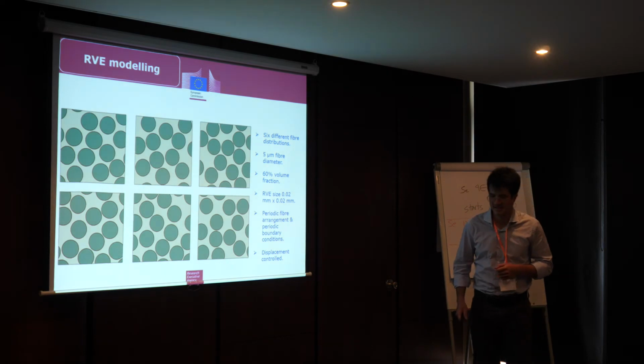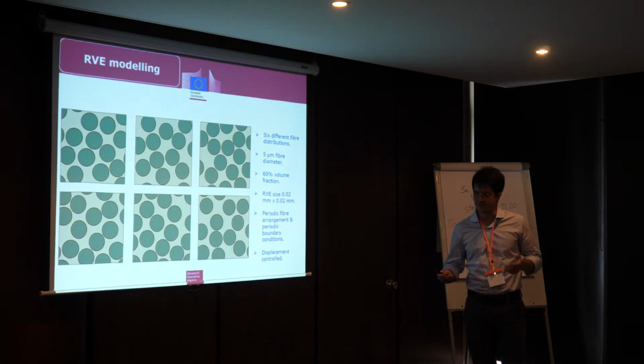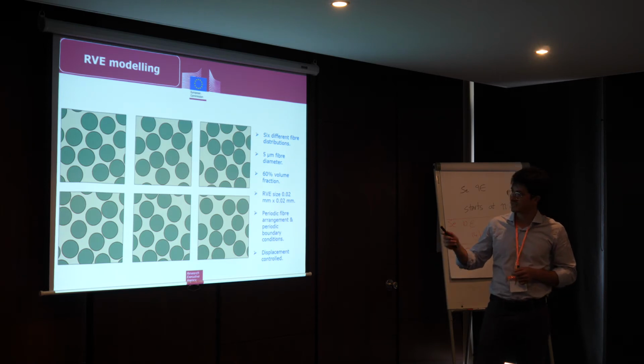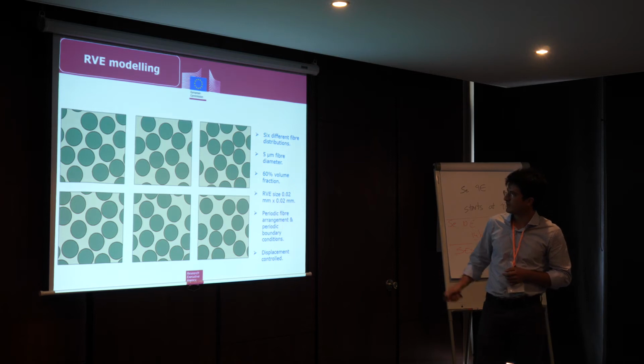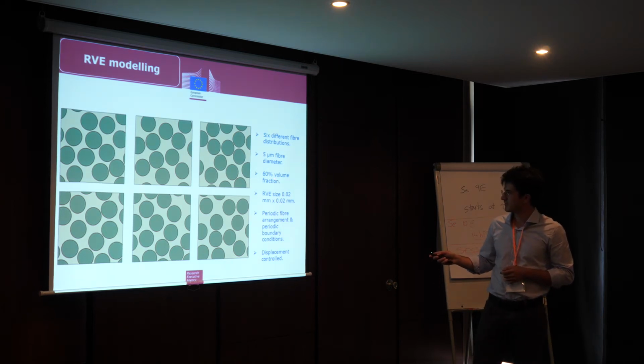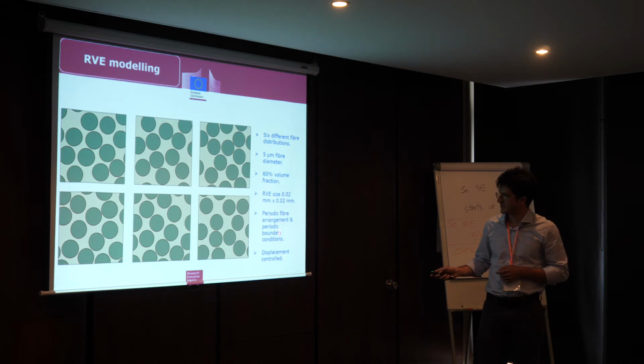As in standard tests for composite materials, I will be testing different configurations. In this case, I will test 6 different random configurations. All of them will keep the same fiber diameter, same volume fraction, and the same size. Again, I'll be using periodic fiber arrangement and periodic boundary conditions.